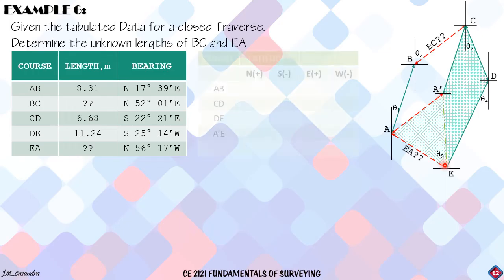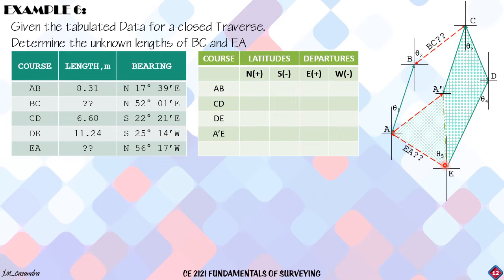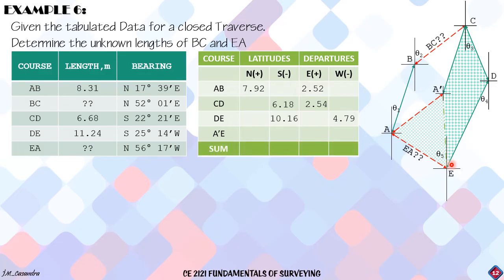So from here, we start off again with the latitudes and departures by the traverse form. We'll have AB 7.92, CD is 6.18, DE is 10.16. So AE is unknown. So we move on to the departures. AB is 2.52, CD is 2.54 and DE is 4.79. So let's solve for the sums.